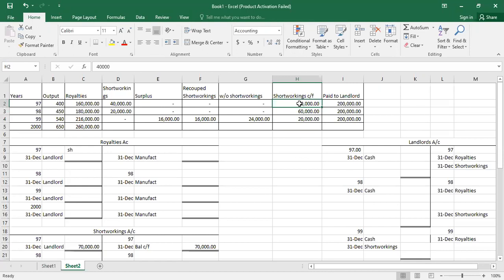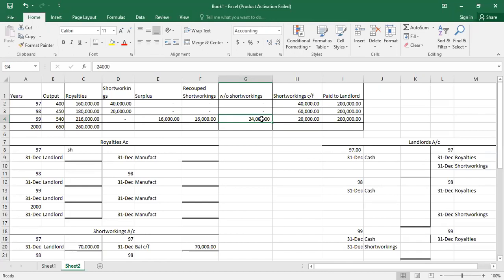Of these 40, we've been able to recoup 16. We've written off 24, isn't it? So the carried forward is 20, because we've written off the 24.